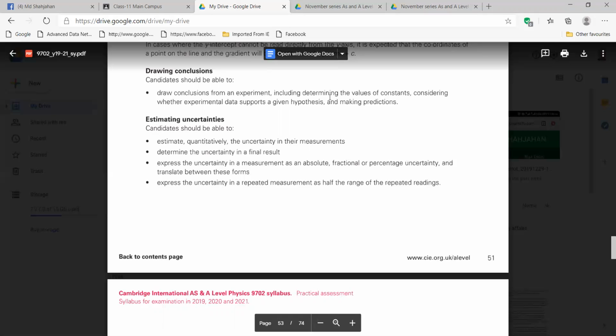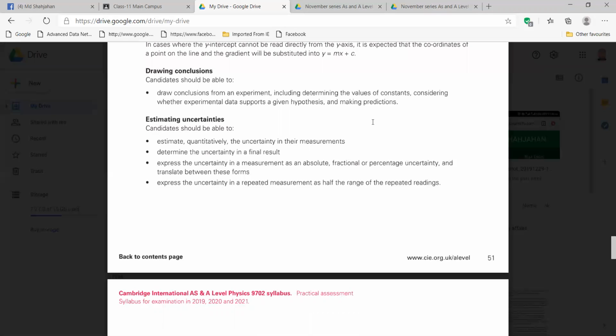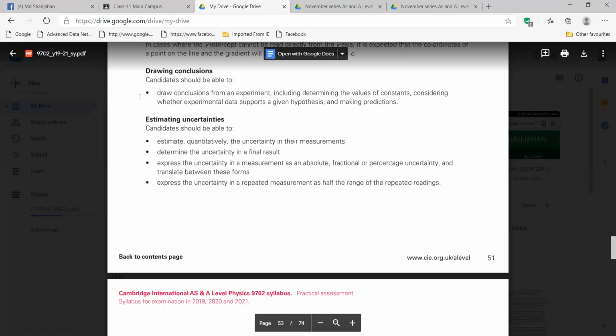In the question paper they will give you some steps where you have to write the value of the gradient with unit, and also the value of the y-intercept. So from this graph, from these calculations, you have to write them in those places. This is called drawing conclusions.